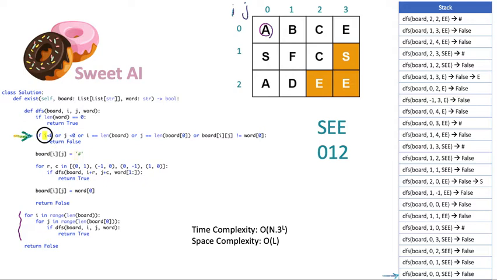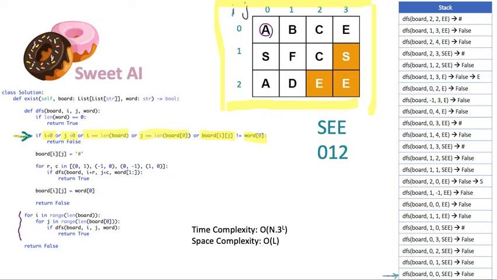We are saying if I is smaller than 0, or J is smaller than 0, or I is equal to the length of the board, or J is equal to the length of the board, all these conditions refer to whether we are outside of this board, right? So we are going to return false. And also if the cell that we are pointing at is not equal to the first letter of that word at index 0, we are going to return false.